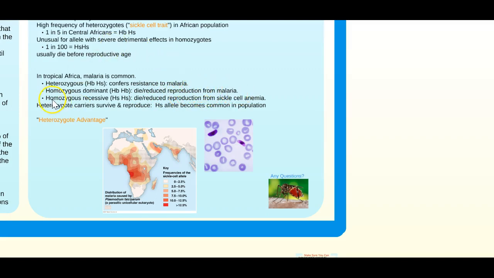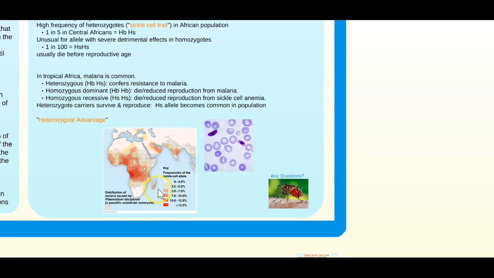And if you are homozygous recessive, you're more likely to die or have reduced reproduction from sickle cell anemia. So the heterozygote carriers are going to have a survival and reproductive advantage. So the sickle cell allele becomes common in the population because there is an advantage to those heterozygotes. This is referred to as heterozygote advantage.